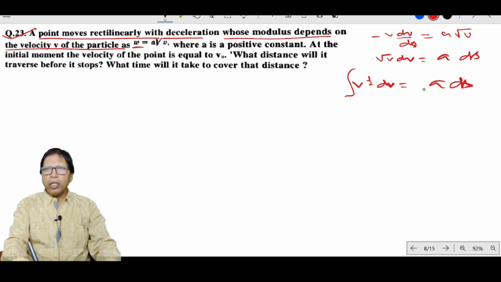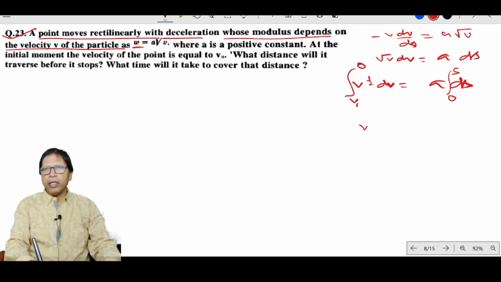Now integrating. Now what is the boundary condition? When distance traveled is 0, the velocity of the particle is v naught. When distance traveled is s, the particle stops, that is the velocity of the particle is 0.